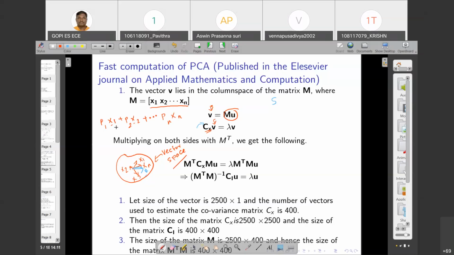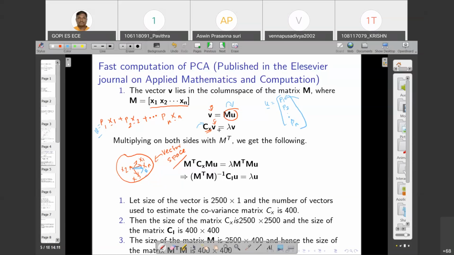And this U is basically this vector P1, P2, and so on up to Pn. So M into U is the linear combination of the vectors x1, x2, x3, and so on, where P1, P2 are scalars. By doing this linear combination, we get this eigenvector. This is the key point.